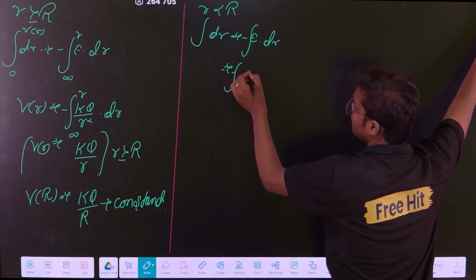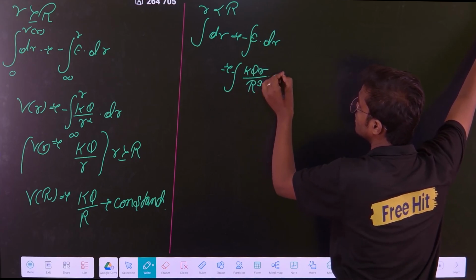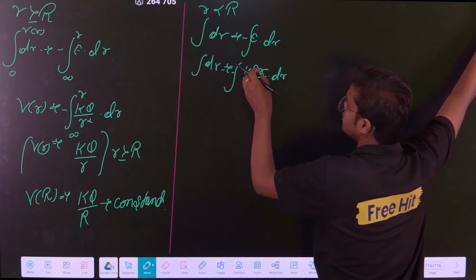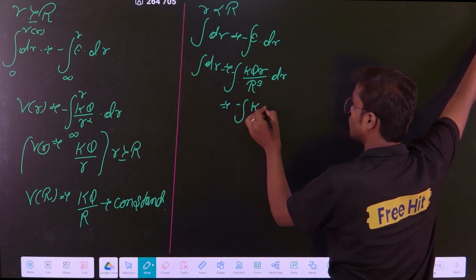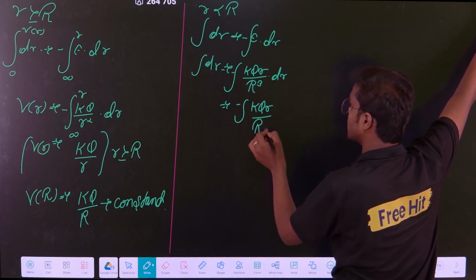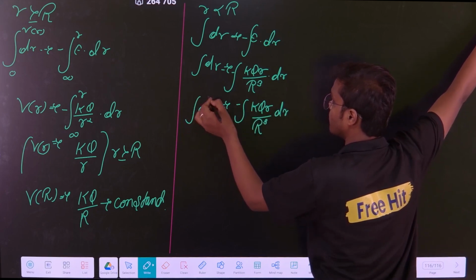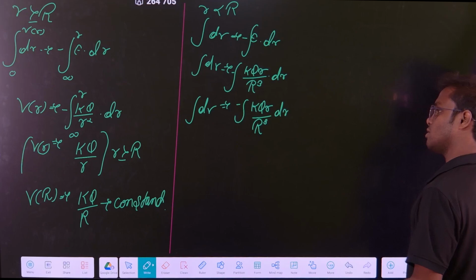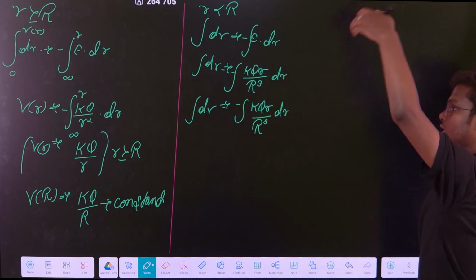We know that the electric field is KQ small r by capital R cube, dot dr. Obviously this electric field and dr are all correct, so we can directly go to this step: KQ by, obviously the angle is 0 degree that we are doing in every question, and this will be dr. Now what about the limit? Should I take the limit again from infinity to r, or where do I have to take the limit?